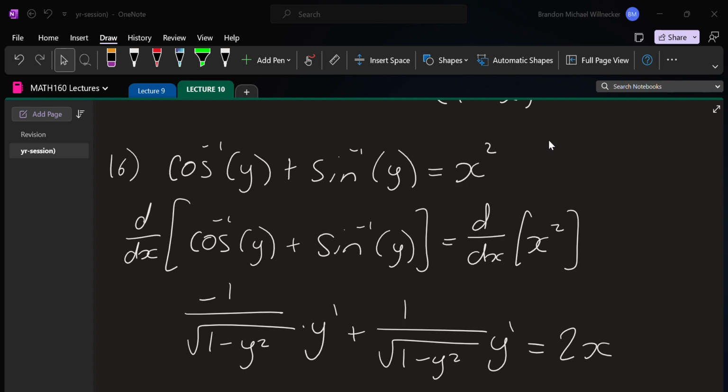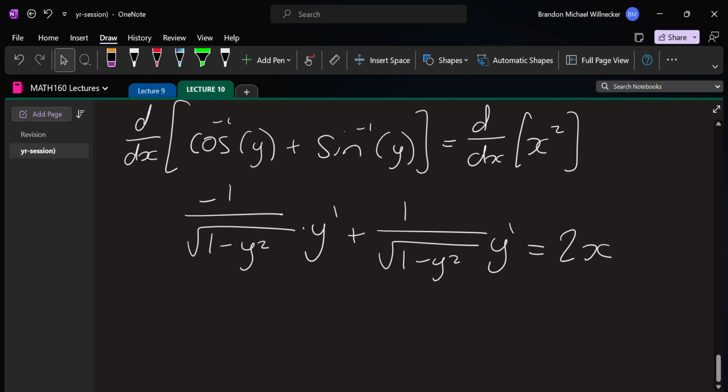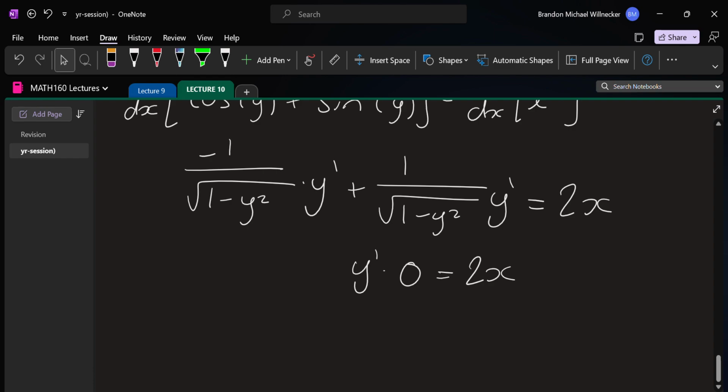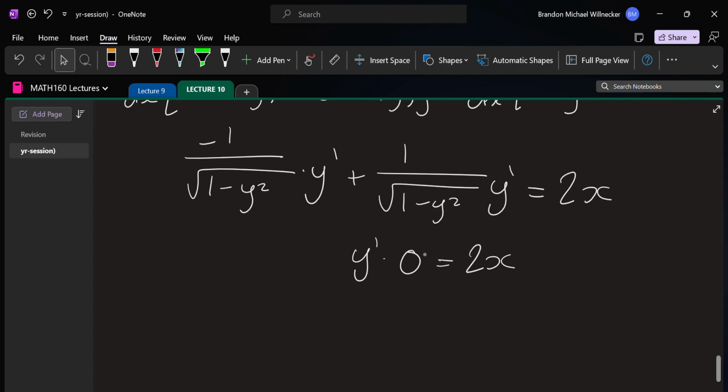But here, the original one, since we have these vertical lines that don't have gradients, you can't find y prime. So when you factor this out, you end up with y prime times 0 is equal to 2x, and in this case, there's no y prime solution.